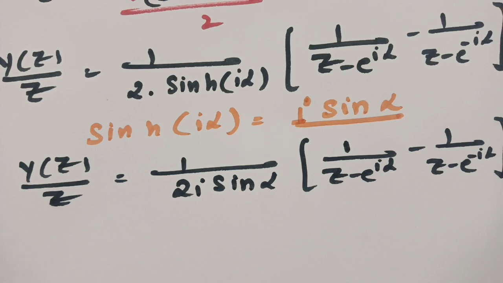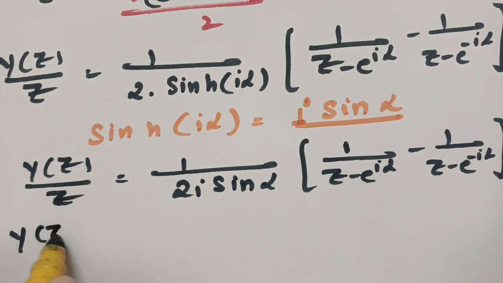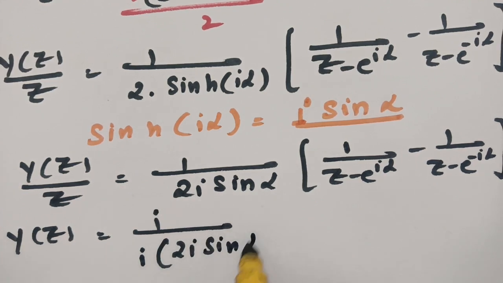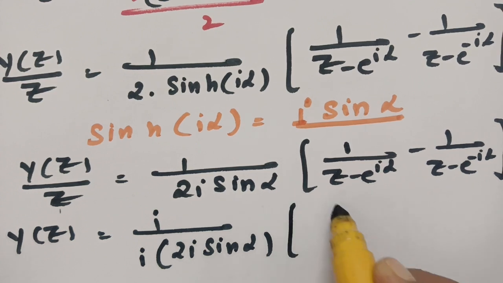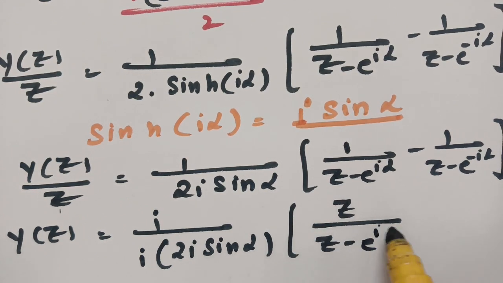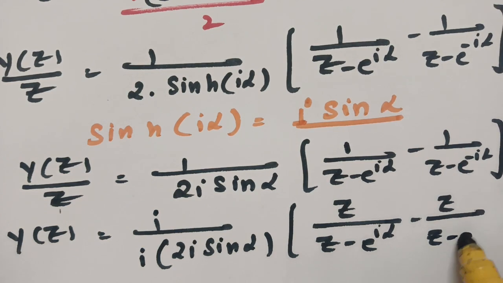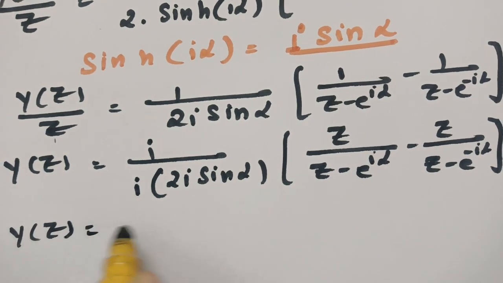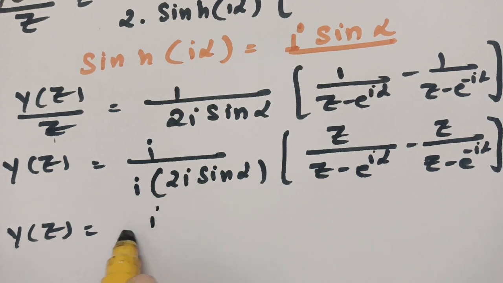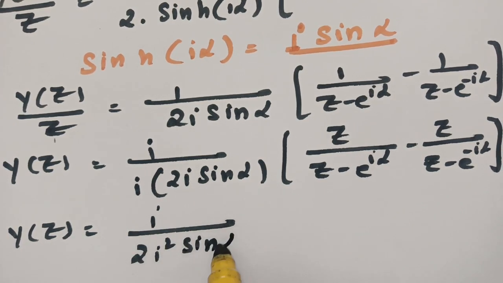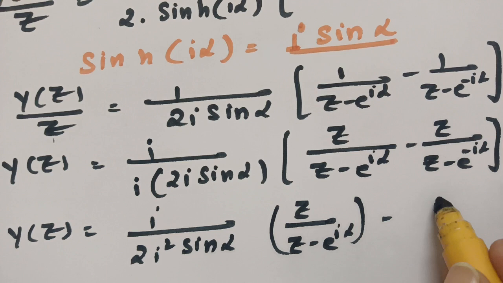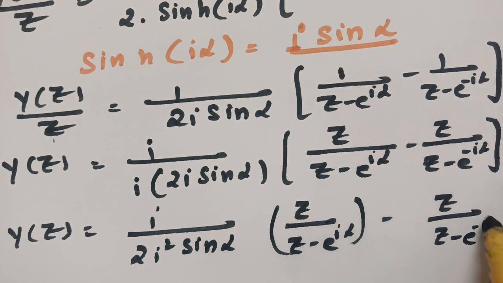And if I send this z to the numerator, then y of z is equal to 1 by, if I multiply with i and divide with i, 2i square into sine alpha, and sending this z to the numerator, z by z minus e power i alpha minus z by z minus e power minus i alpha.